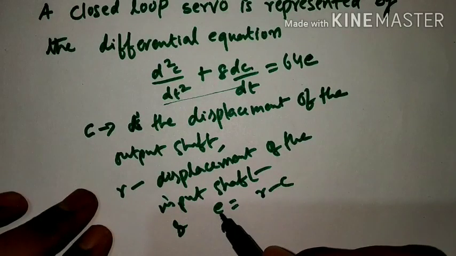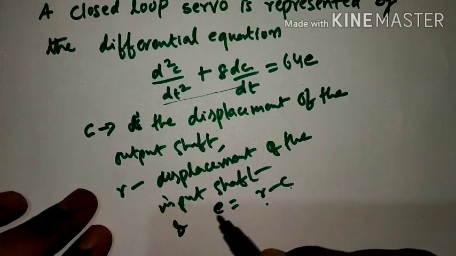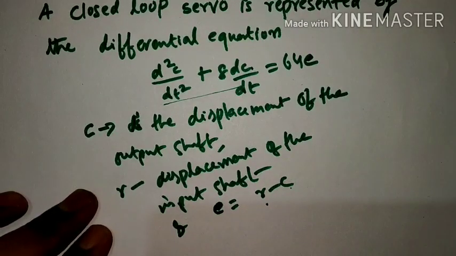Error is equal to set point minus measured value. So r means displacement of the input shaft, c means displacement of the output shaft.